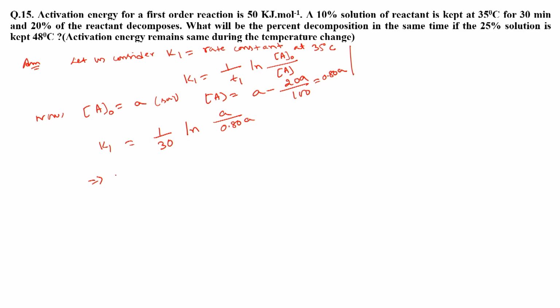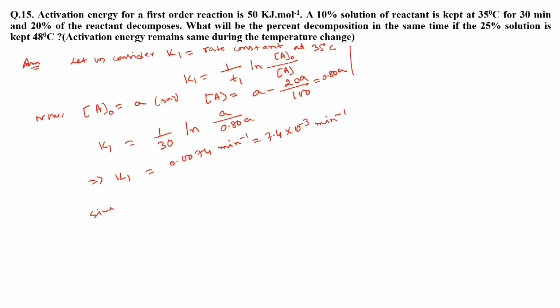So we get the value of K1, which is 0.0074 minute inverse, or you can write 7.4 times 10 to the minus 3 minute inverse. This is the rate constant K1.